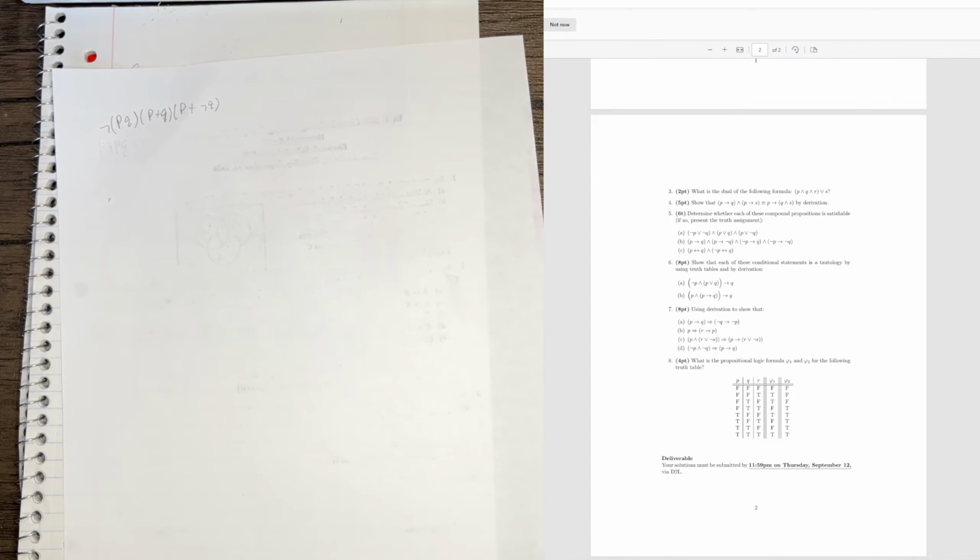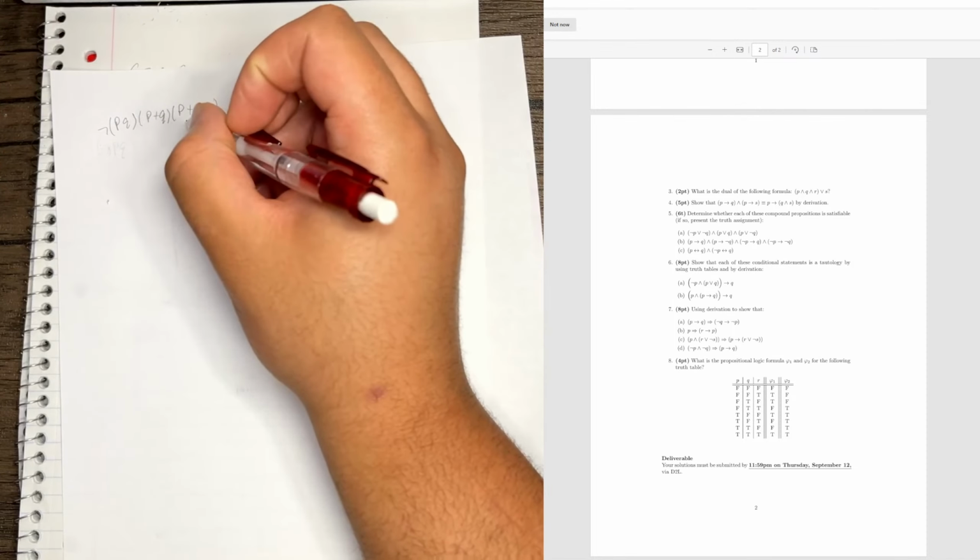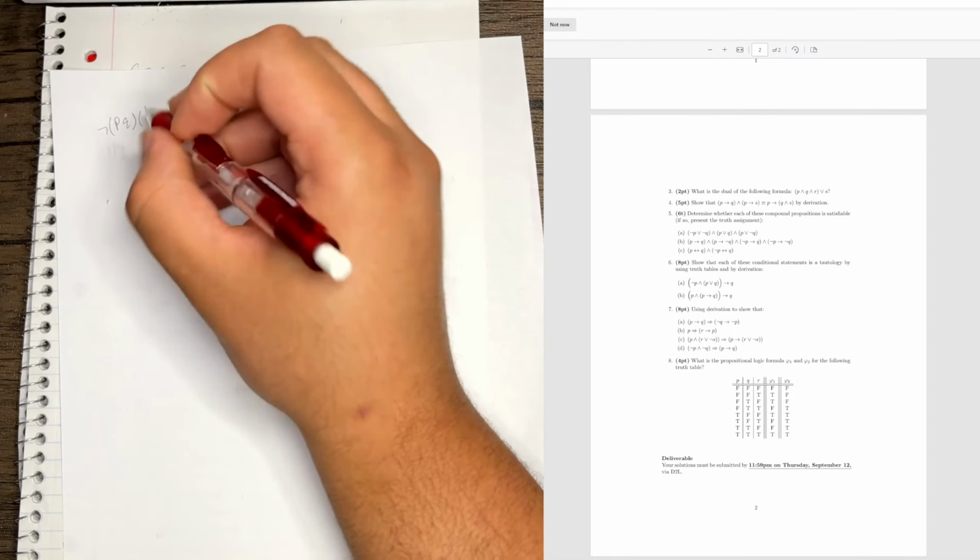Let's think about this. P or Q and P or not Q.